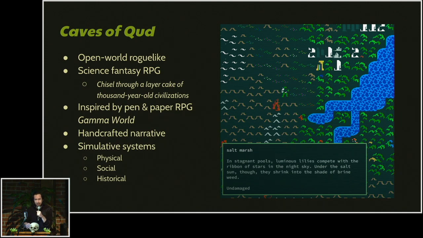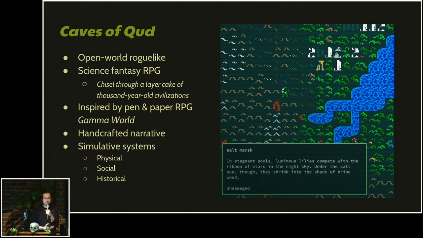There's a handcrafted narrative of the sort you might expect to find in a traditional RPG, or an open world Bethesda game, but we've tried to weave it around a bunch of simulative systems. There are physical systems, taking a page from Dwarf Fortress: you can dig a tunnel anywhere in the world, and every wall has a melting point.